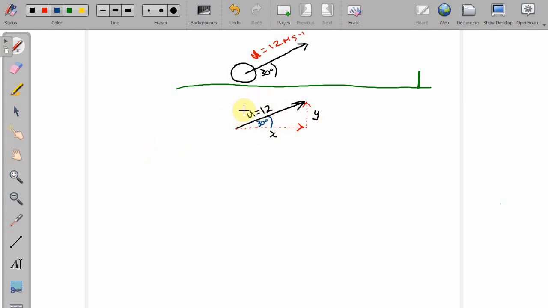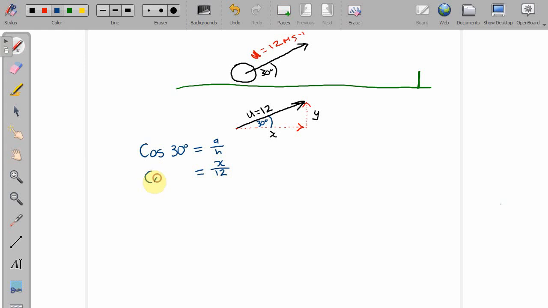We've got our hypotenuse of 12 that we know. We've got an angle of 30 degrees which we know, and we're interested in x here, which is the adjacent. So adjacent over hypotenuse would give you cos. Because we've got adjacent and hypotenuse, let's use that. Cos of 30 degrees, because that's the angle, is equal to the adjacent over the hypotenuse, so that is x over 12.